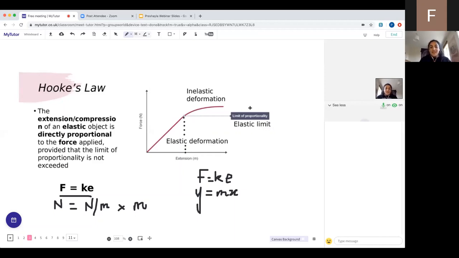So it's inelastically deformed. Okay, so it's important to note that Hooke's law, F equals ke, only applies to this linear portion of the graph here, this straight line portion of the graph. After that, Hooke's law does not apply. Okay, so only if we have a straight line in a force extension graph does Hooke's law apply.